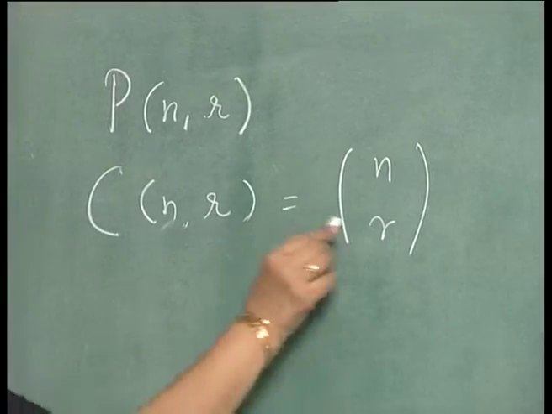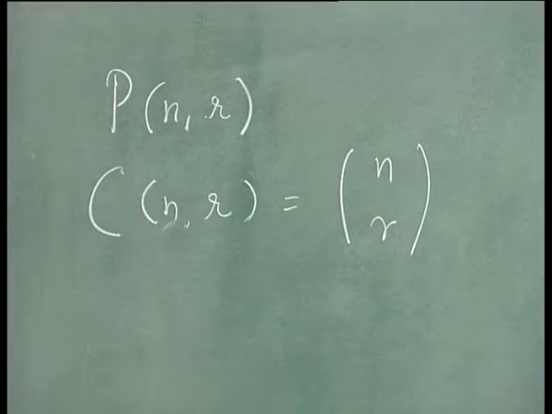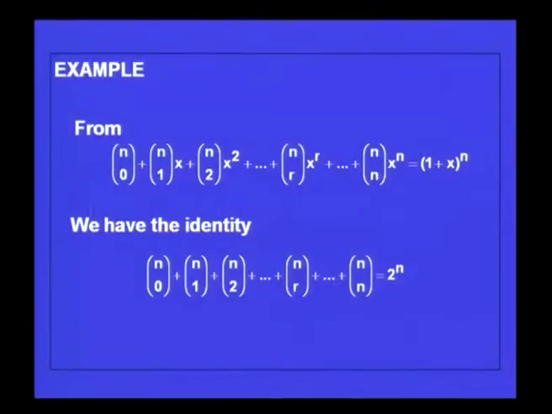So, CNR can also be written in this form. That is what we are making use of here for simplicity. Now, this is the binomial expansion, Cn0 plus Cn1 x plus Cn2 x squared etc. is equal to (1 plus x) power n.